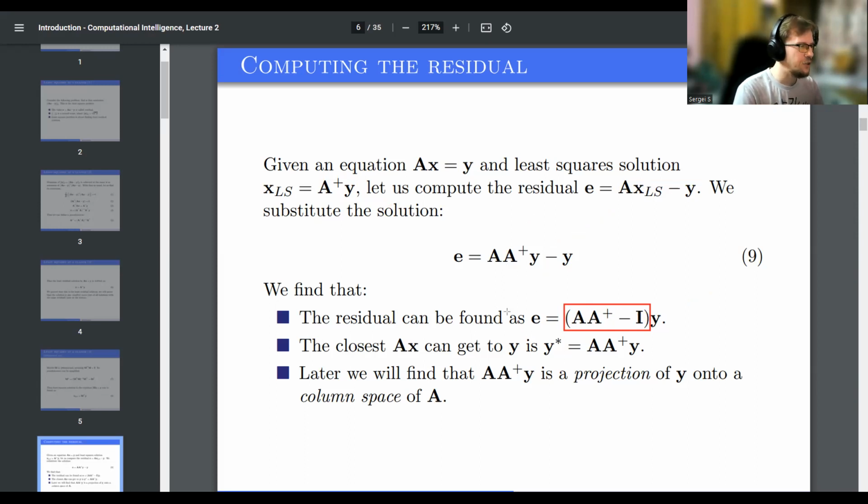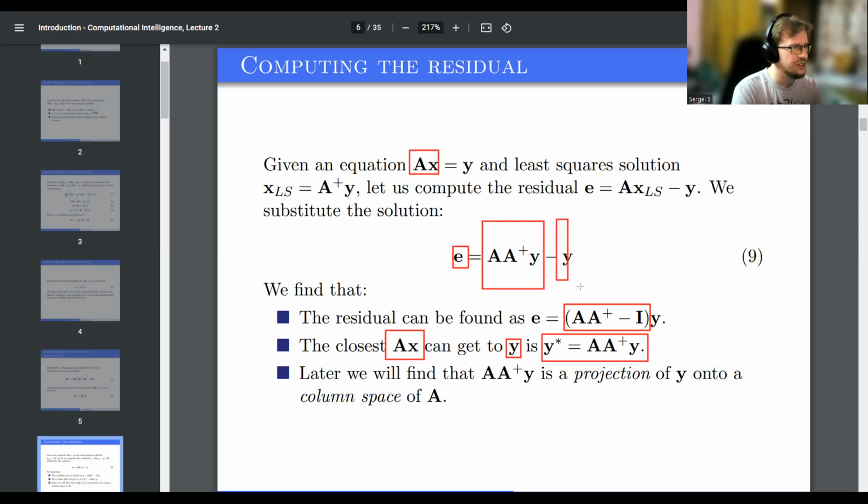Now, we also understand that Ax, the closest it can get to y is this value. That is as close as it can get to y. So maybe Ax can achieve y. If it can achieve y, then this will be 0, and hence this will be equal to this.